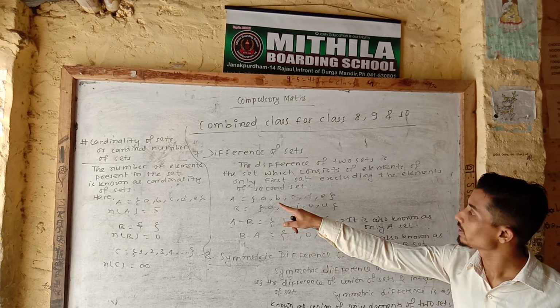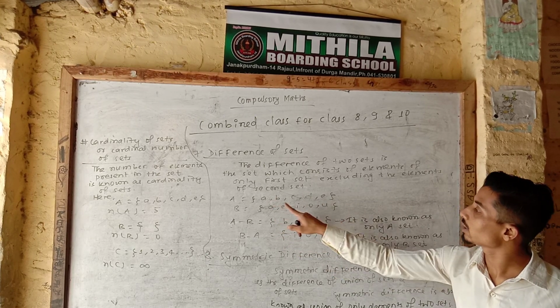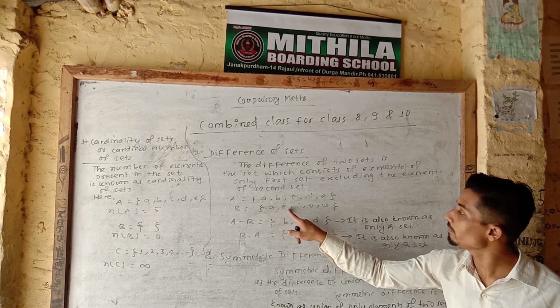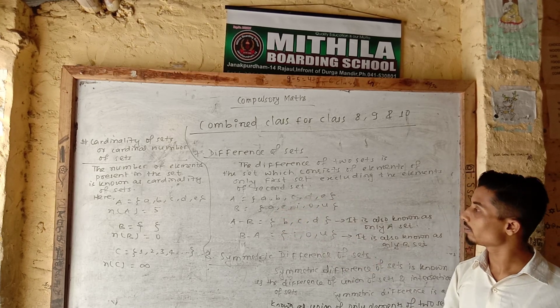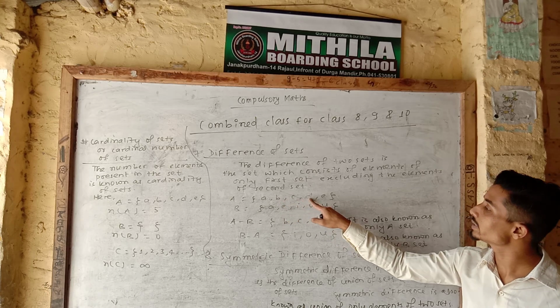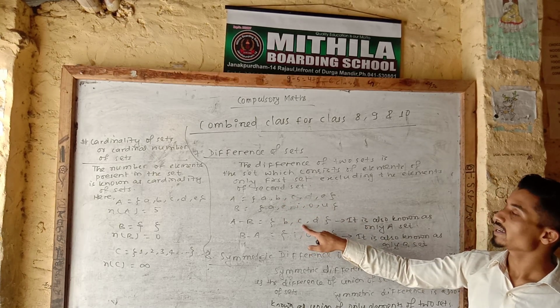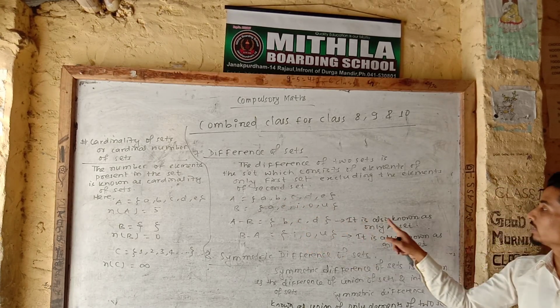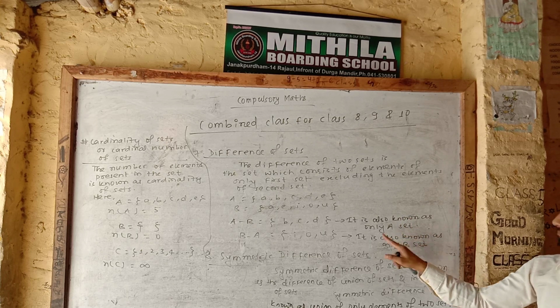Here A and E are common, so we exclude them and write B, C, D. That is known as A minus B, or only A.